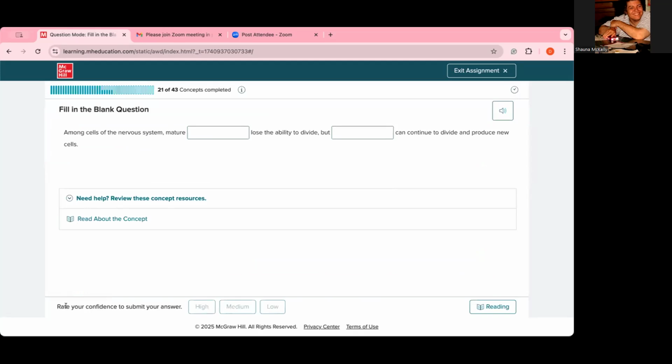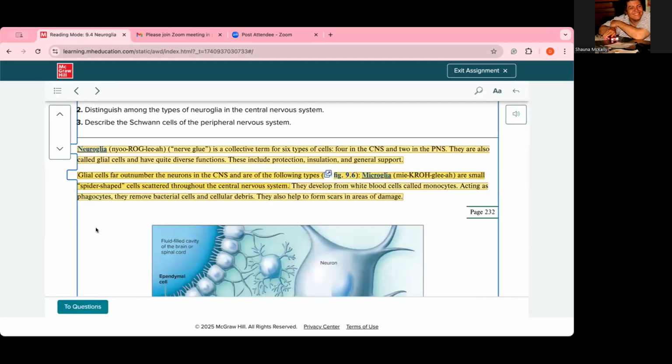Mature neurons lose the ability to divide, but, go back, I thought it said glia. Glia can continue. Is that what we thought we saw?